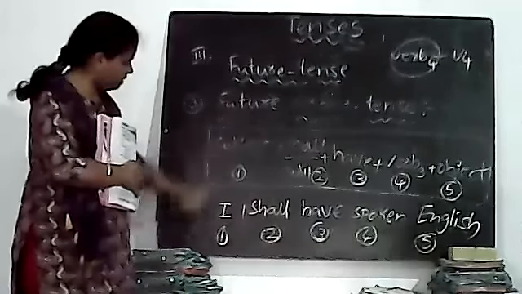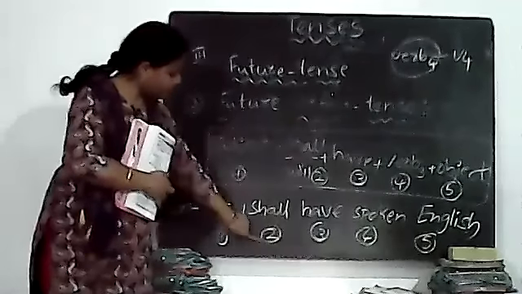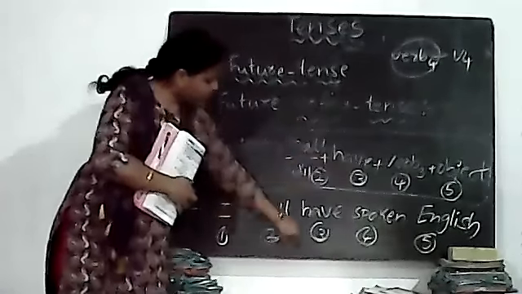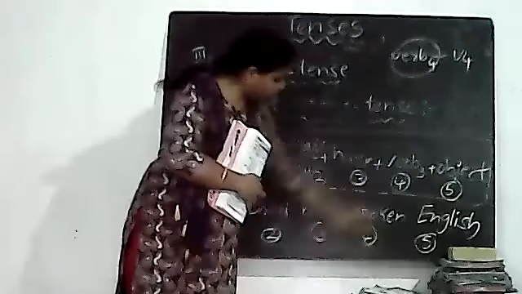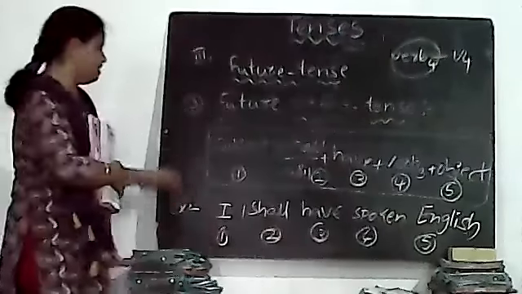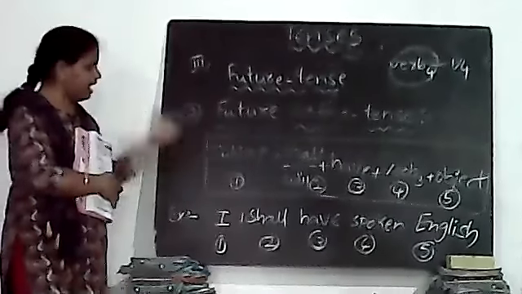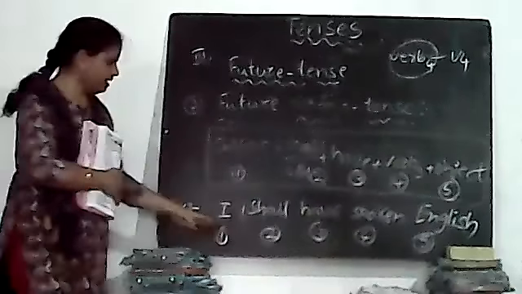Subject is the first part, I. Shall is the second part, the helping verb. Next, have. Then the verb 3 form. Finally, the fifth part, the object. So subject, shall or will, have, verb 3, object. I shall have spoken English.